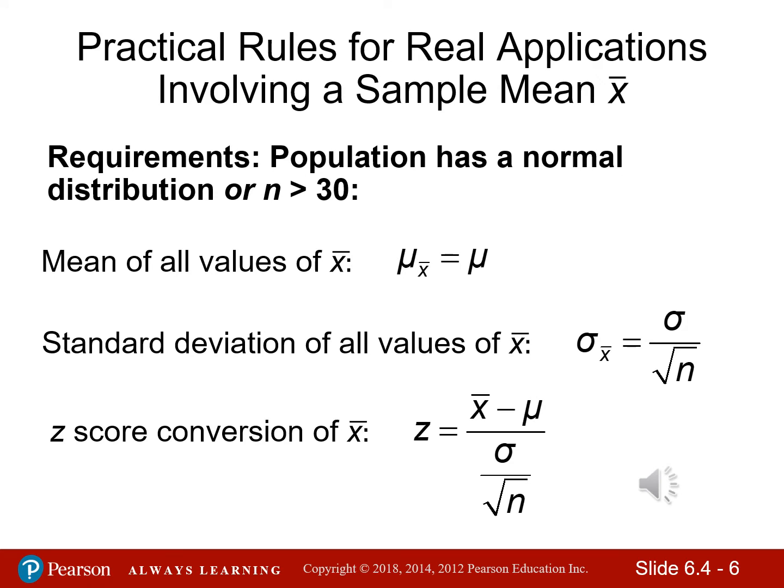The standard deviation of all x bar, sigma of x bar, is equal to sigma divided by the square root of n, the sample size. And also the z-score conversion of x bar is z equals x bar minus mu divided by sigma over the square root of n.